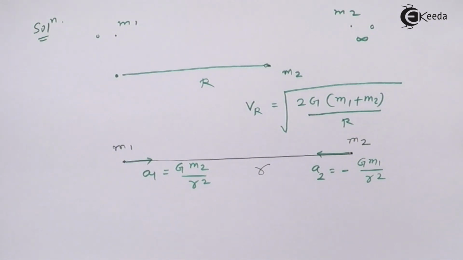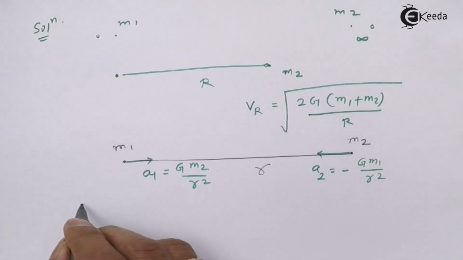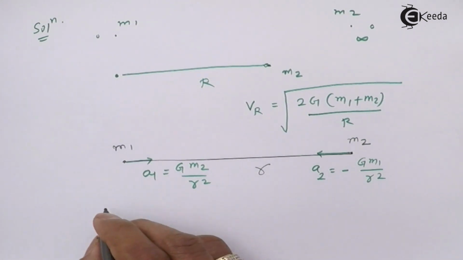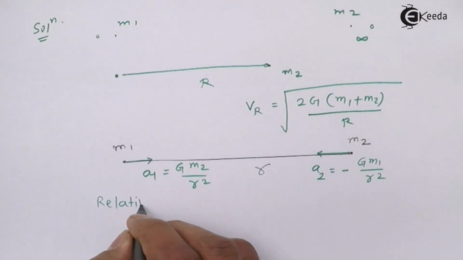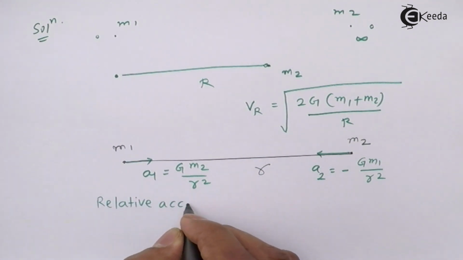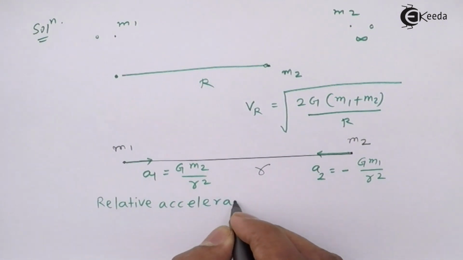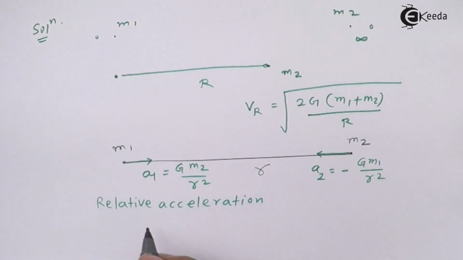So what is the relative acceleration? When I find the relative acceleration, say AR, it is a1 minus a2.